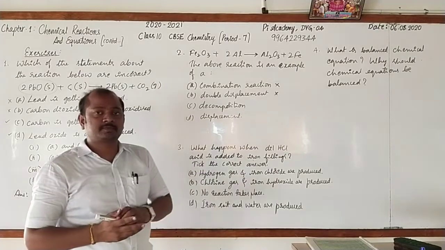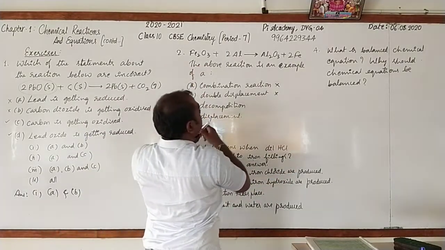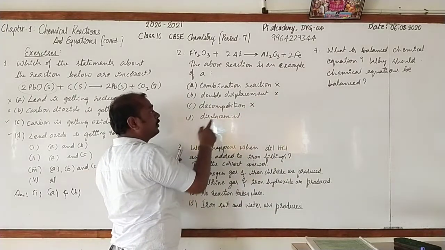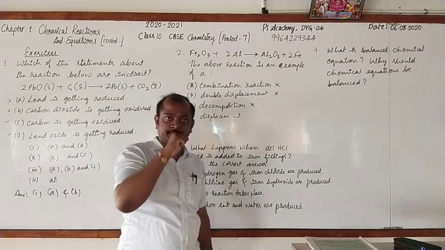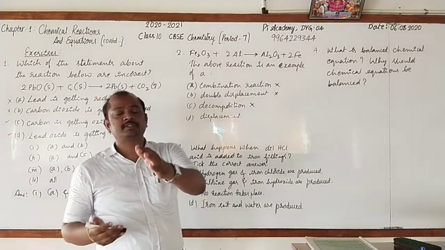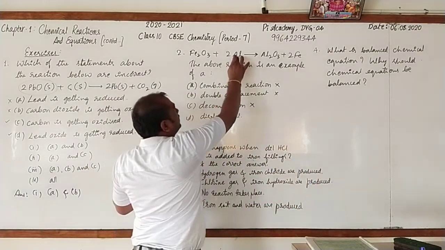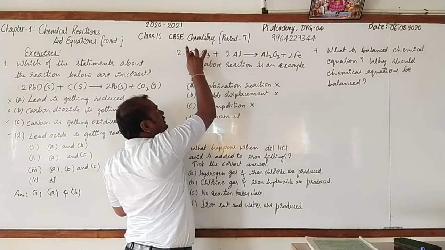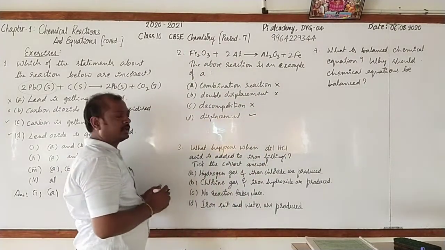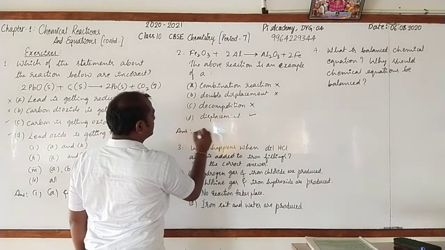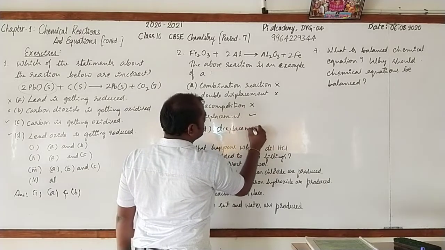Here a single substance gets split up into two or more substances, but here it is not. Then what about displacement? A chemical reaction in which an element present in the compound is displaced by another element which is more reactive. Here aluminium is more reactive than iron, therefore it displaces iron from iron oxide. Hence this option is correct. What should be our answer? Option D. This is a displacement reaction.